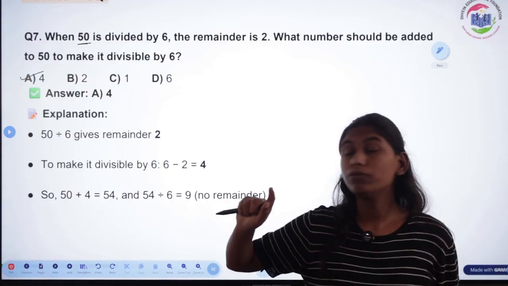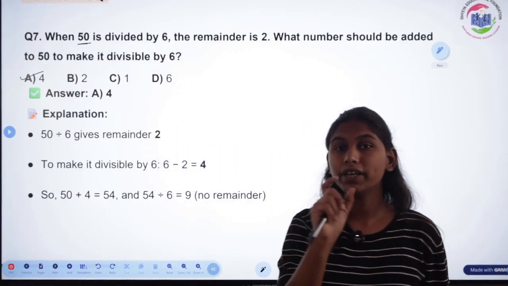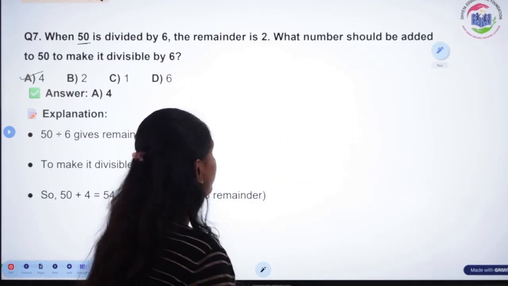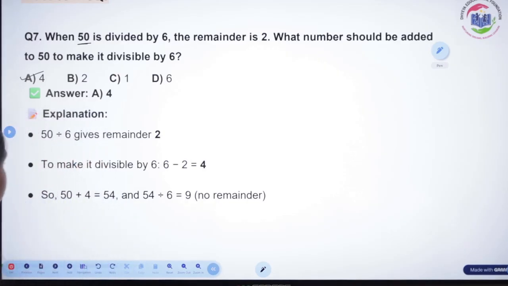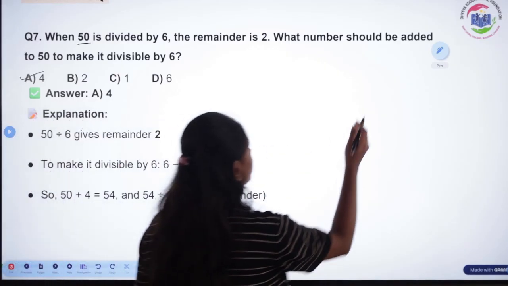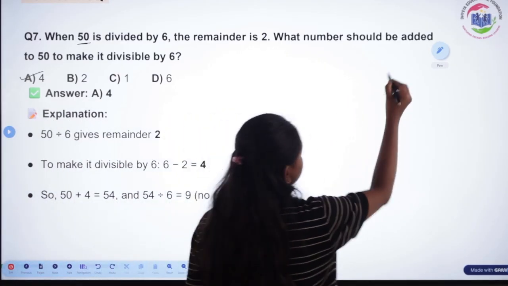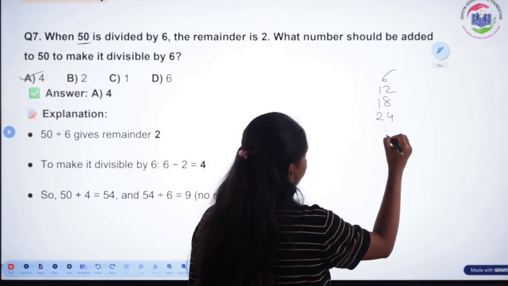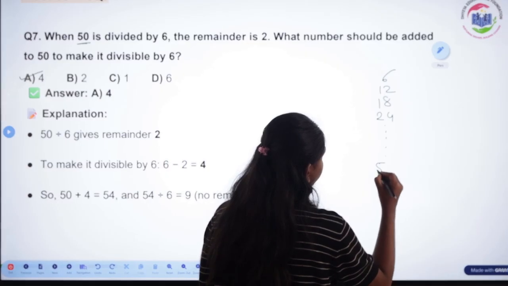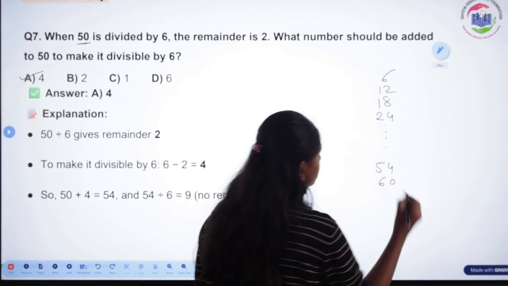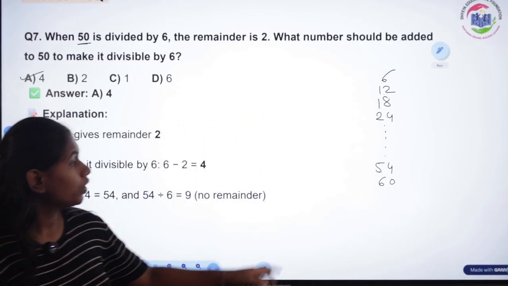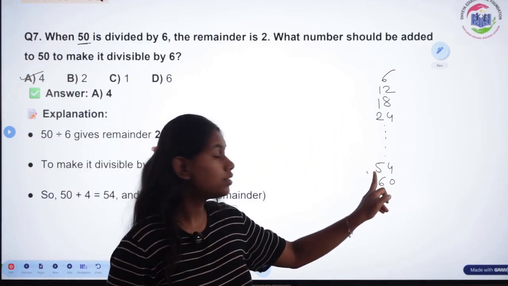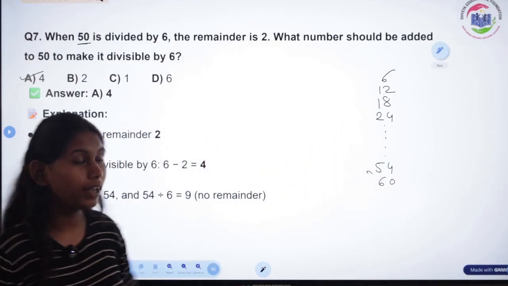Why? Because we want to add some digit to make it divisible. So when you look at the table, 6 4s are 24, up to 6 9s are 54 and 6 10s are 60. If you check here, you will get the number 54 at 9.